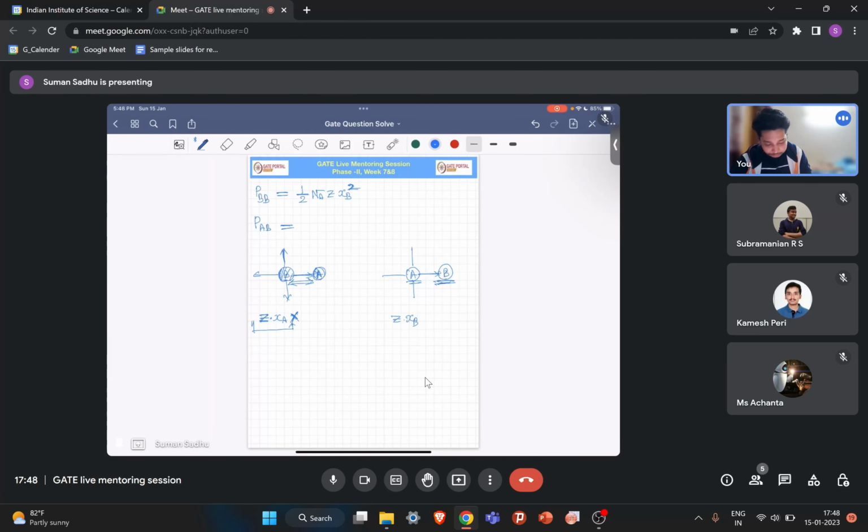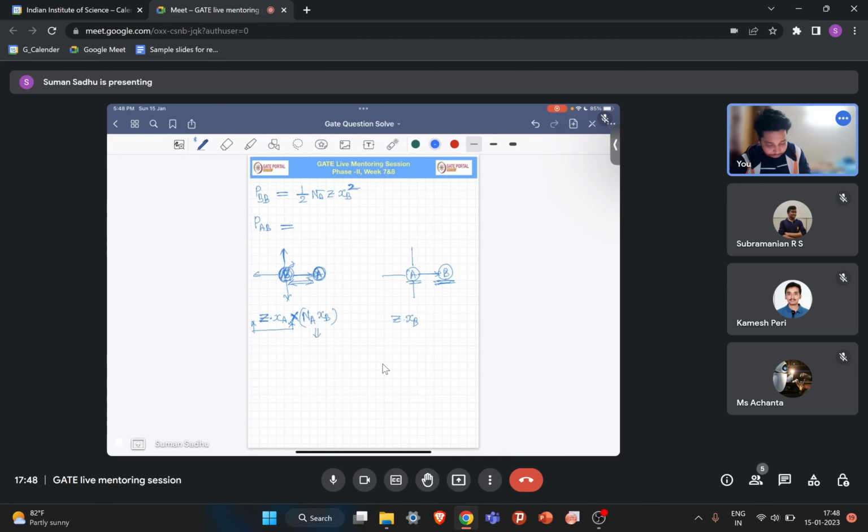So this is the probability of finding any B atoms nearest to it, right? But what is the total number of your B atom? Here you are considering only one B atom, but in your system total number of B atom is Na into Xb.